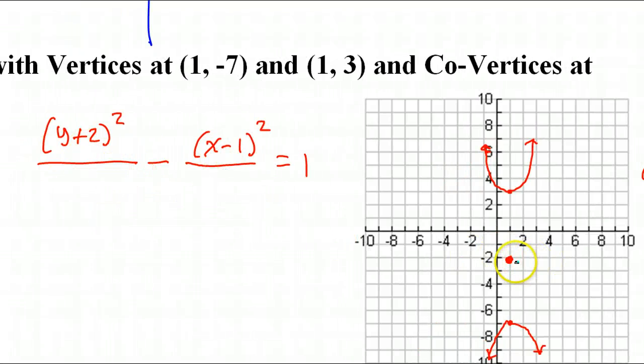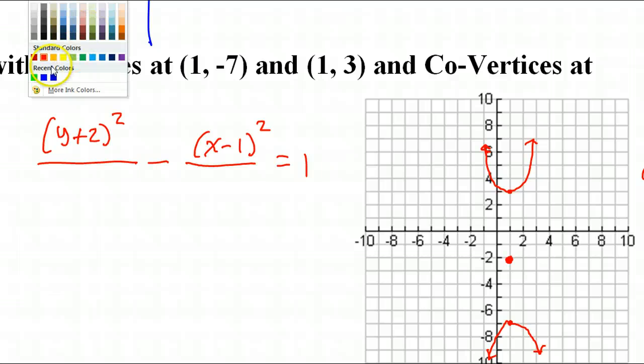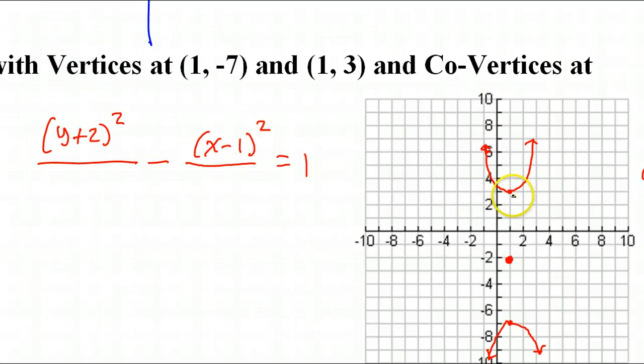So for that, I'm going to need, well, I already have one of them. In the y direction, from the center, like I said, this is 5. I feel like I should change colors real quick. This is my A direction.